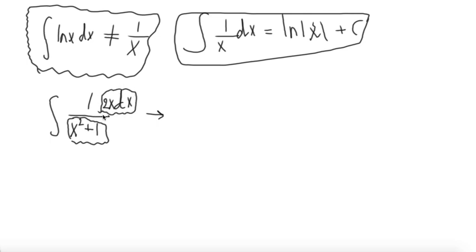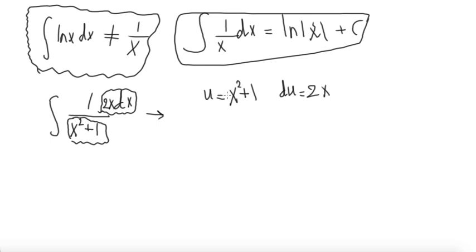We can use u substitution to find the integration. For u substitution, we say u equals x squared plus 1. So du, when we take the derivative of this one, would be equal to 2x.